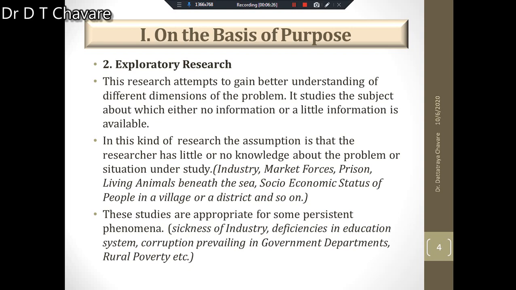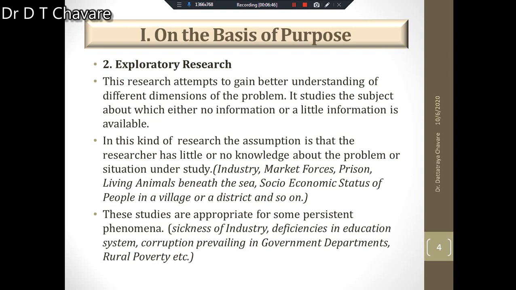In this kind of research, the assumption is that the researcher has little or no knowledge about the problem. It means that about that problem the researcher has no knowledge, or has little knowledge, or about a situation under study.